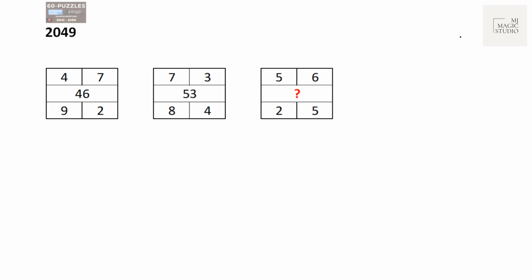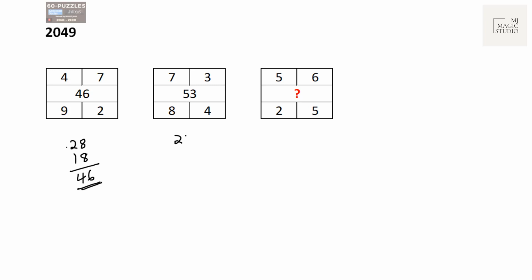Okay, whether it is in a circle or a rectangle, the identification process remains the same. Try to do something with the top two numbers and bottom two numbers and try to find the middle one. 4, 7, 28, 11, 11, no, 28, 18. Okay, it might fit. 4 into 7 is 28, 9 into 2 is 18, and this is 46.